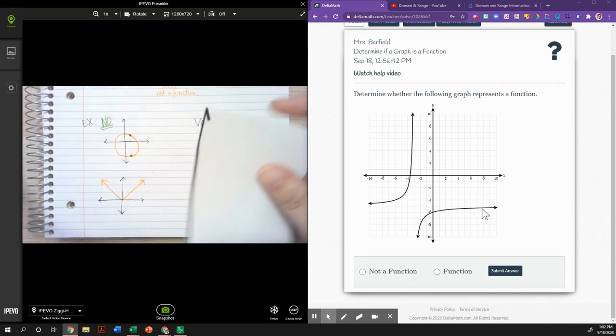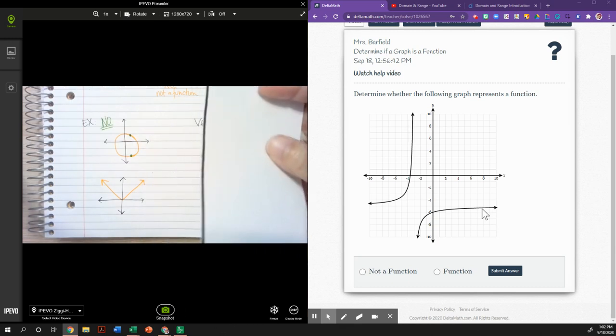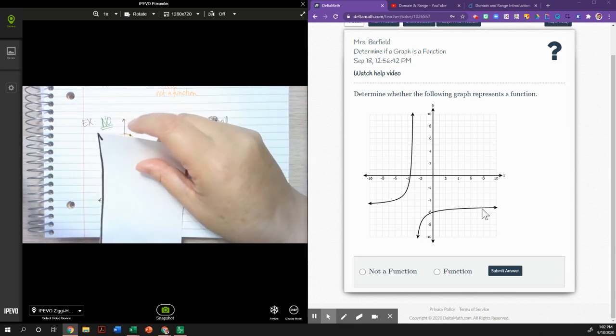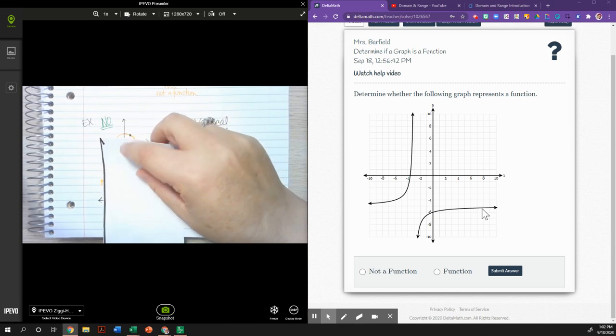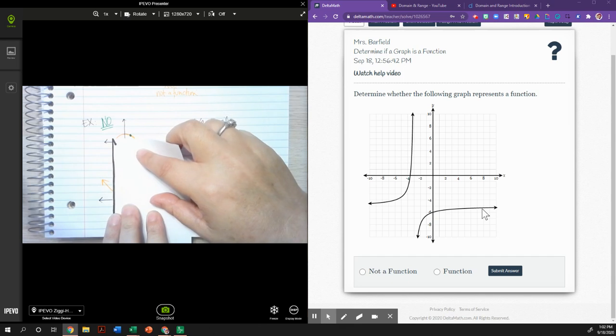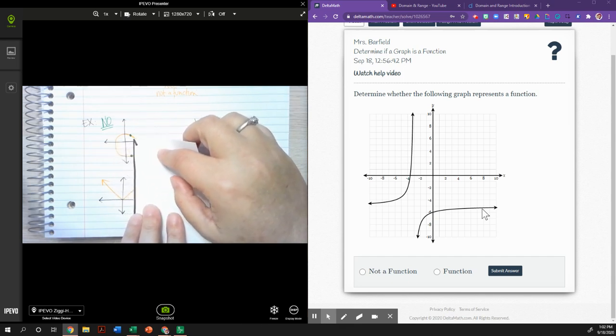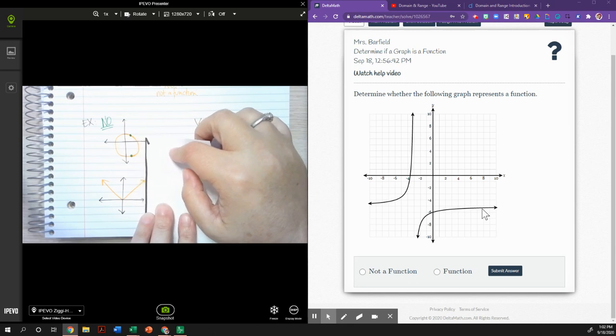You say yes, you say no. We've got a 50-50 chance of guessing and being right. But here's my vertical line and it's moving. If I'm right here, one time, my vertical line crosses one time as I move all the way through my picture.